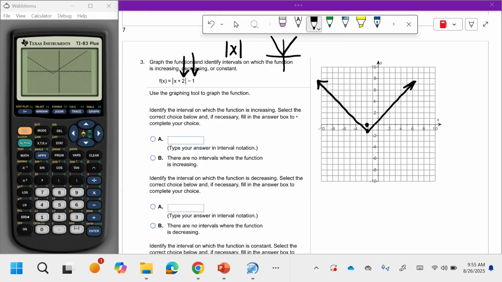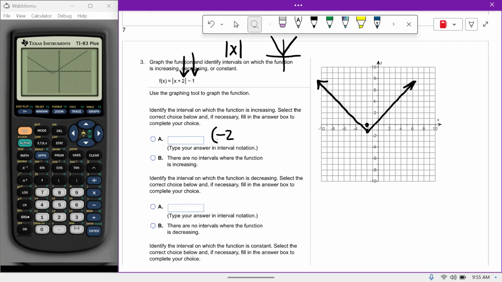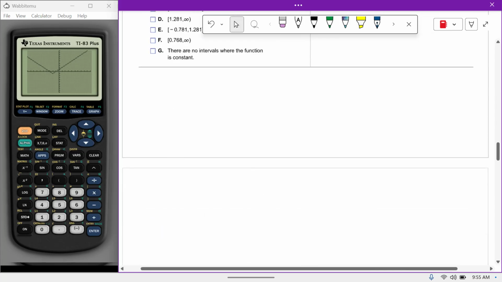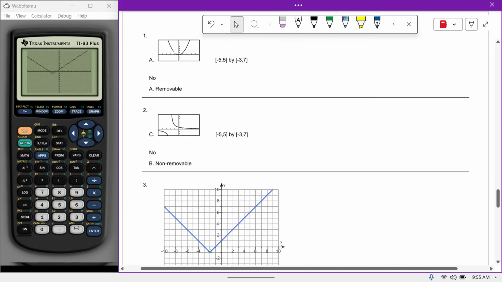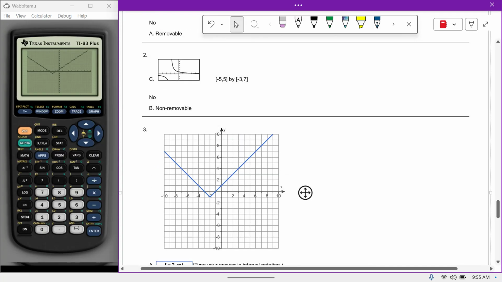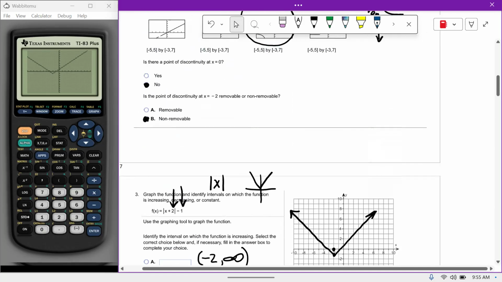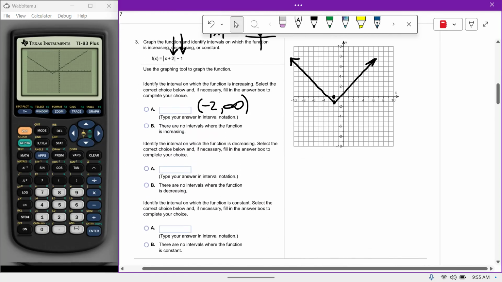So, identify the interval where the function is increasing. Well, it turns around at -2, so it goes from -2 to infinity that it's increasing. Now, here's where I sometimes have a question with how they do things. Yep, it is a bracket, not a parenthesis. Interval notation.